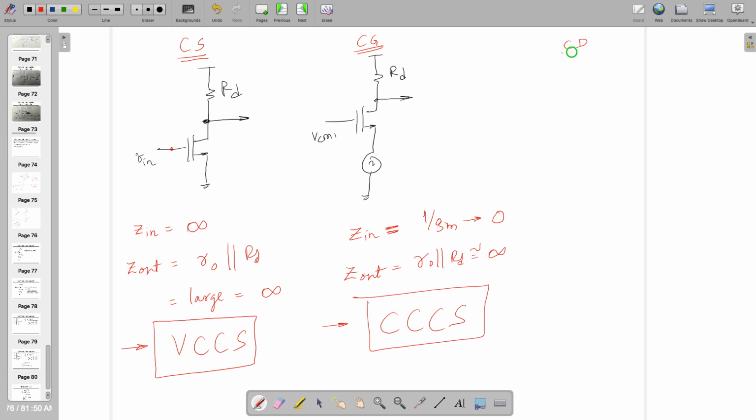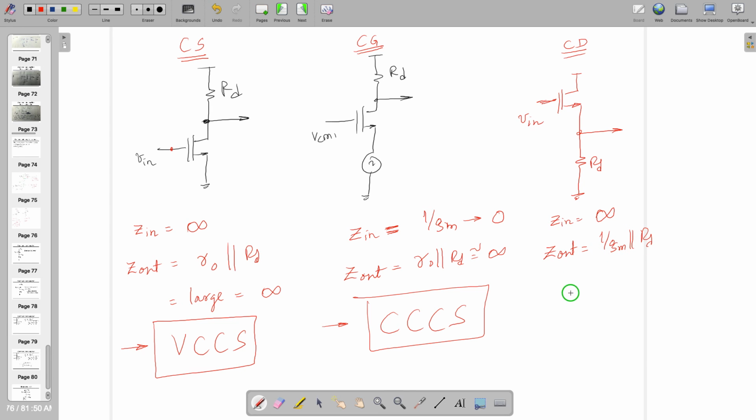Now let's talk about this one. Look at the arrows, where the arrows are connected, right? So now tell me, what is the input impedance in this circuit? Infinity, very nice. What is the output impedance? 1 by GM in shunt with RO.